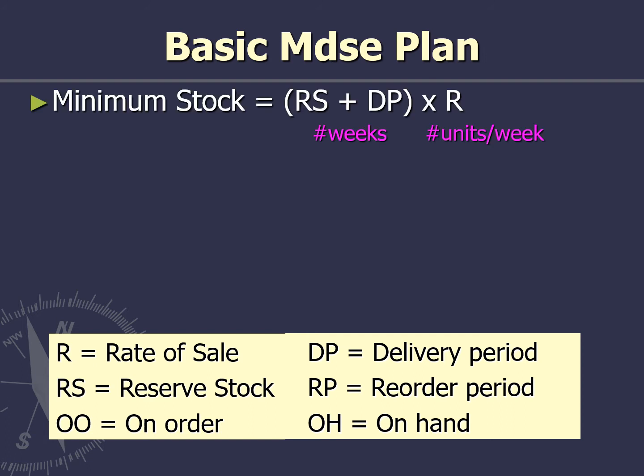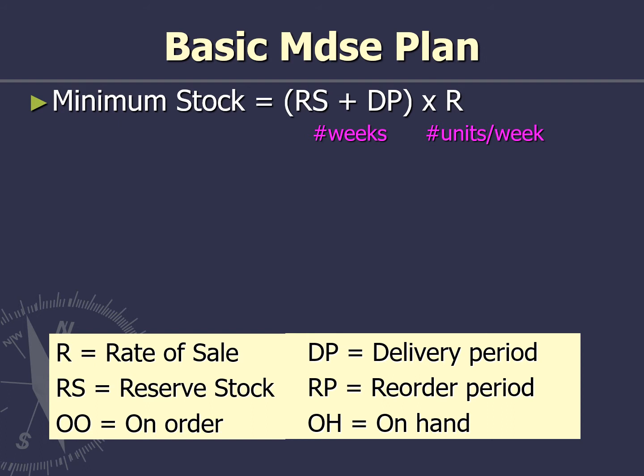First, we can think about what would be the minimum stock required for the store. That would include both the reserved stock, how much we want to have reserved in our store all the time, plus, if I place an order right now, how many weeks it takes for the merchandise to actually come into my store, which is the delivery period. If you consider those things and multiply by your rate of sale, how many units you sell every week, then you get your minimum stock that you must have in your store.